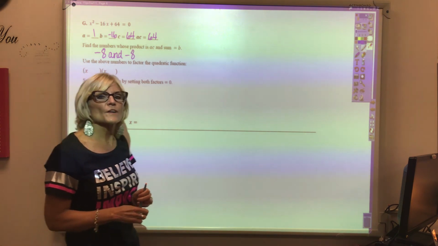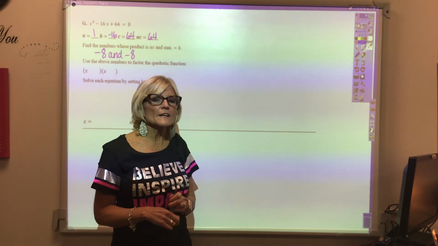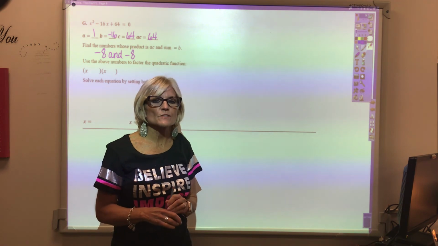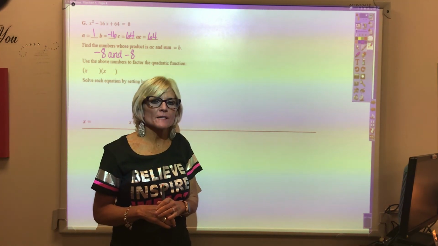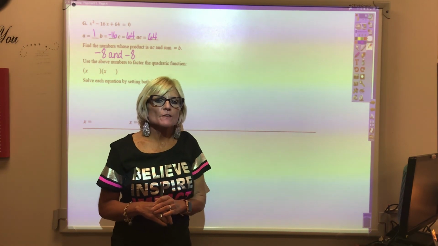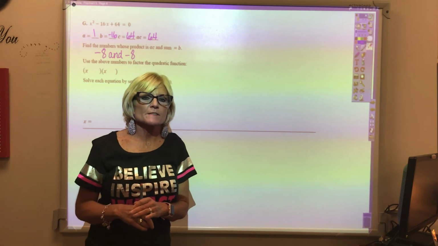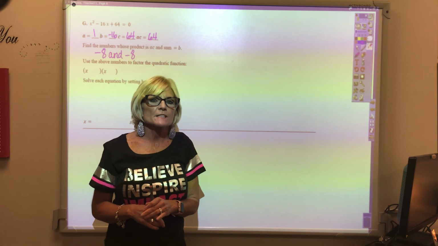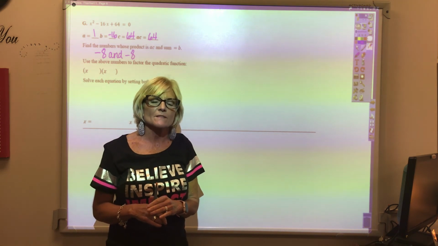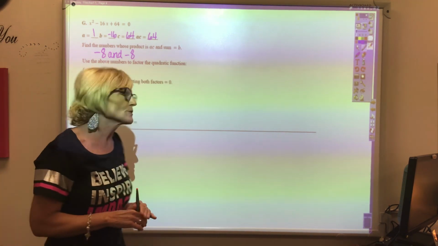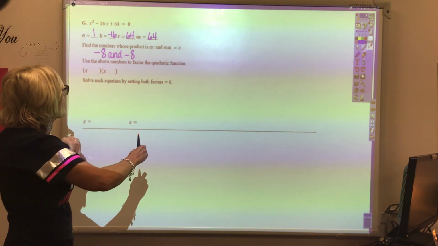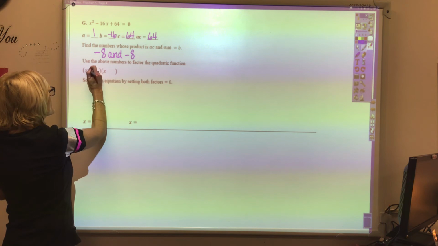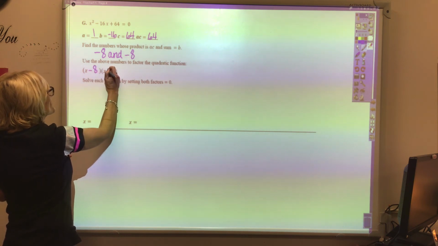The better you are at your multiplication facts, the easier factoring will be. So if you haven't brushed up on your multiplication facts in a while, it might be a good idea to do so, and that will make this a lot easier for you to do. Okay, so we will use the above numbers to factor, so we will put a minus 8 in both parentheses.